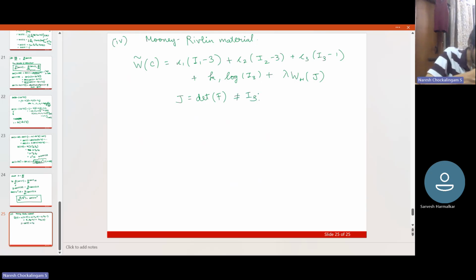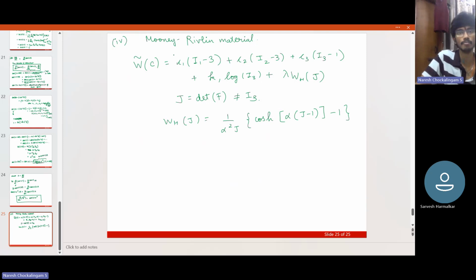That is one thing. And in this case we are taking the function WH of J as 1 by alpha squared J cosh of alpha into (J minus 1) minus 1.